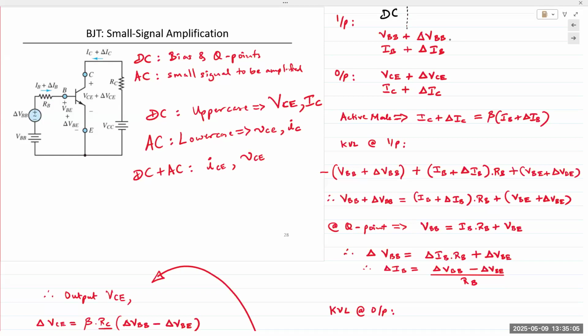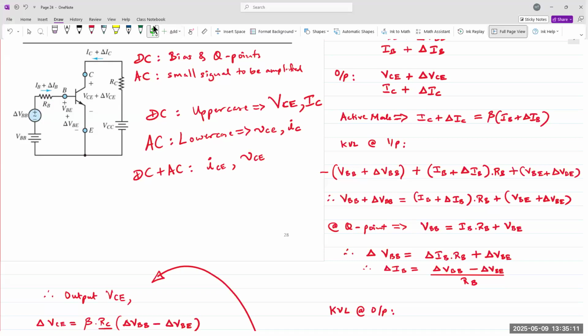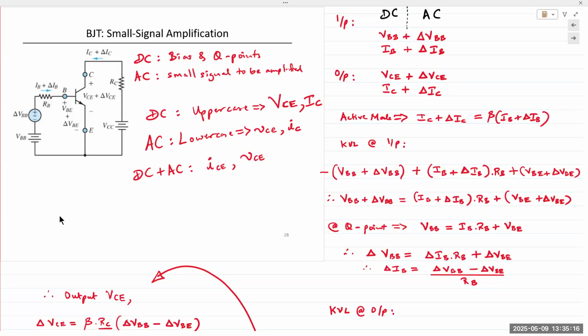This is the DC portion, this is the AC portion. The delta is basically just the author's way of noting that the signal is varying between a certain range. So you have the DC VBB plus the AC delta VBB.